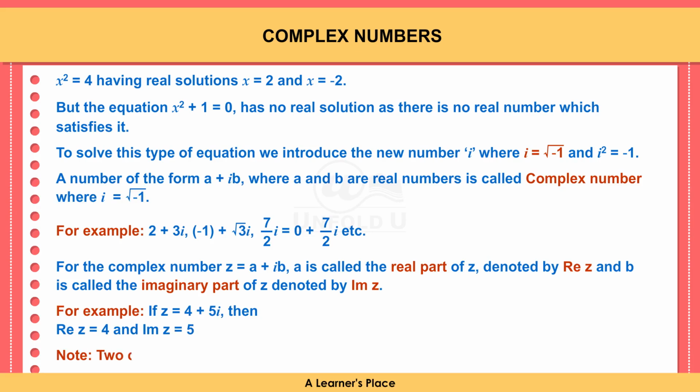Note: two complex numbers z1 is equal to a plus iota b and z2 is equal to c plus iota d are equal if and only if a is equal to c and b is equal to d.